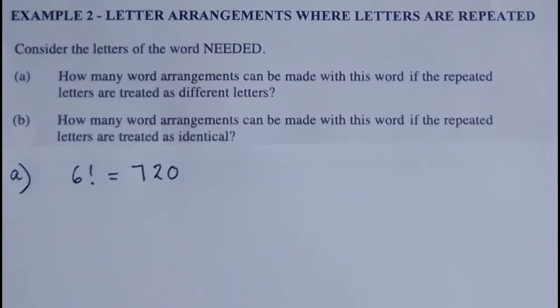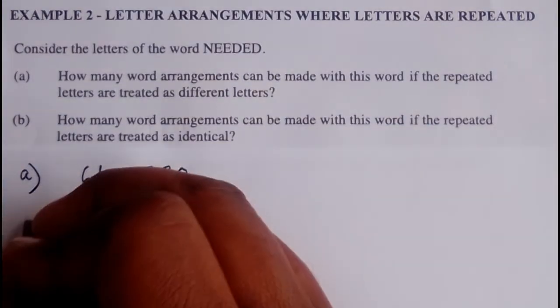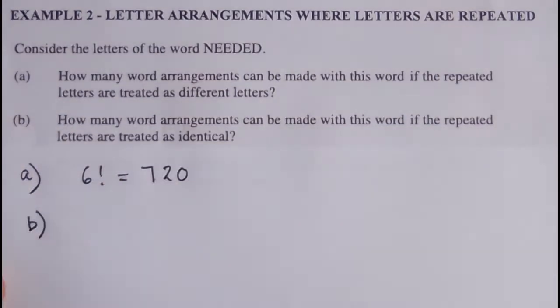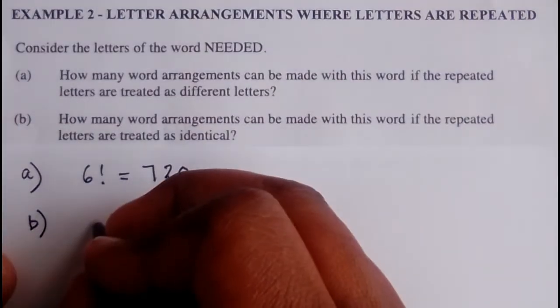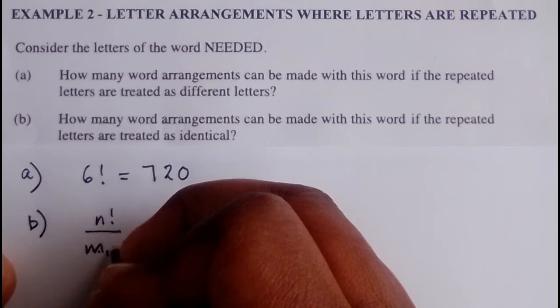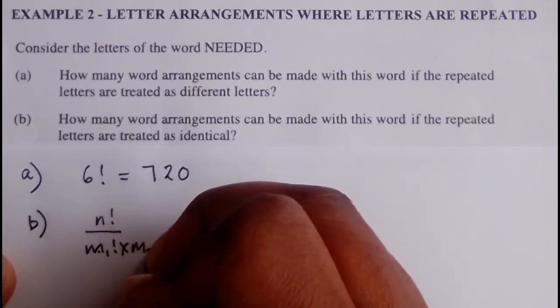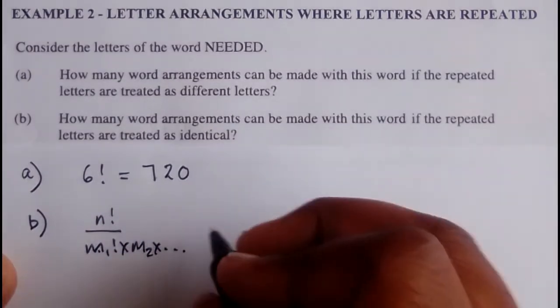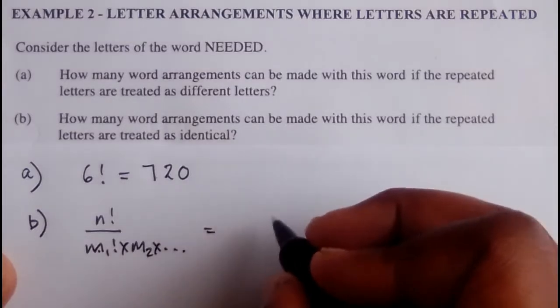How many word arrangements can be made with this word if the repeated letters are treated as identical? This is where we're going to use our rule: n factorial over m1 factorial by m2 factorial by, and it goes on and on. How many letters do we have?